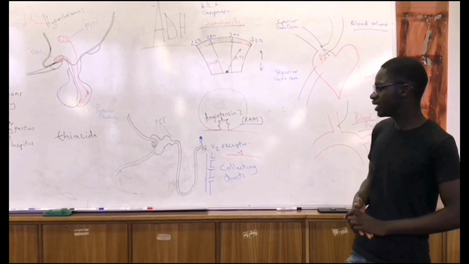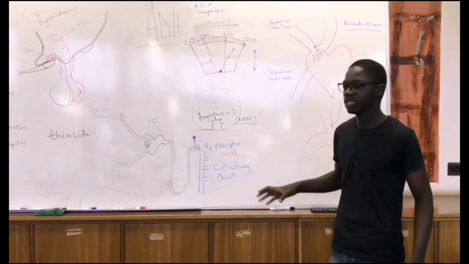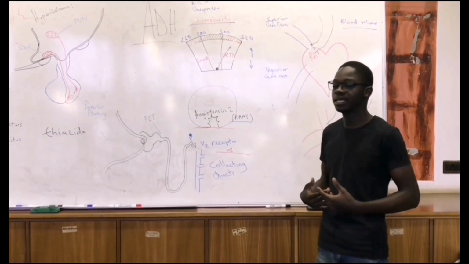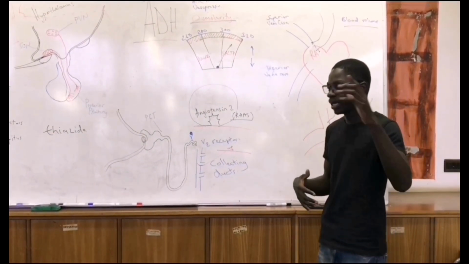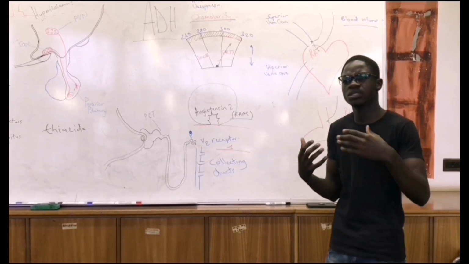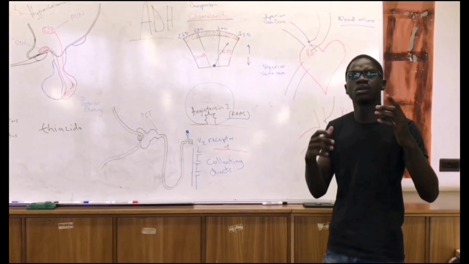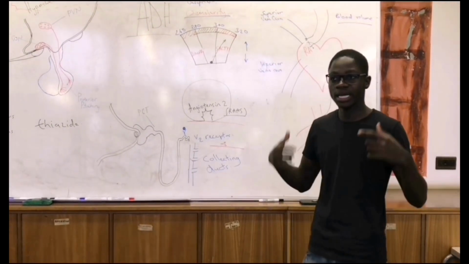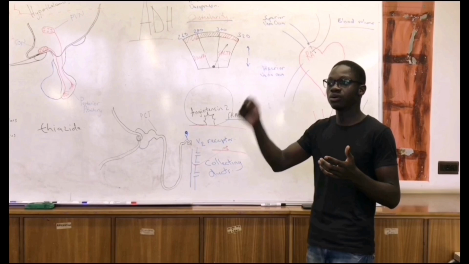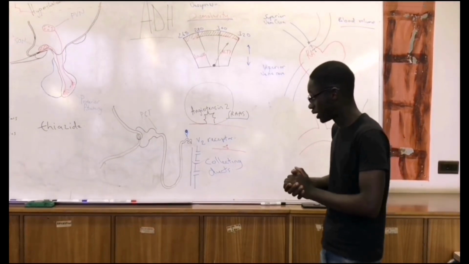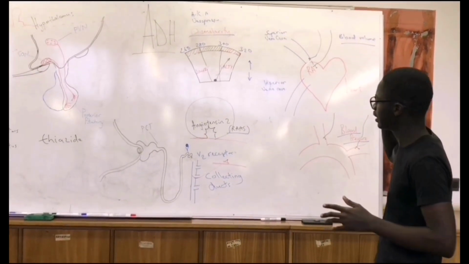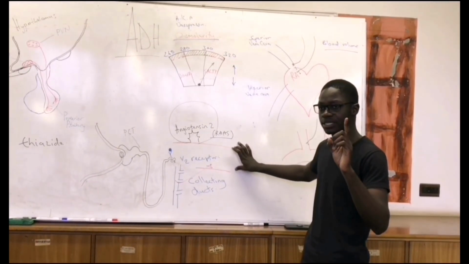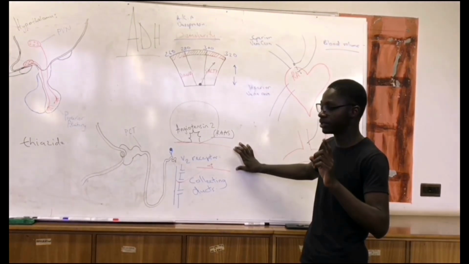In the collecting ducts of the kidneys, it causes the reabsorption of free water, that is water not driven by ions such as sodium. It's just free water. Then in the blood vessels, it acts via the V1 receptor.